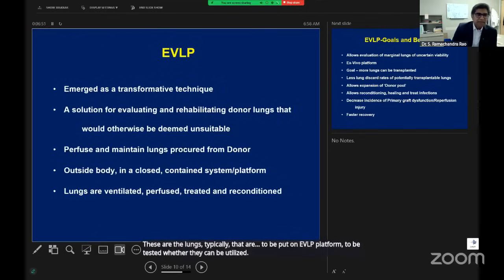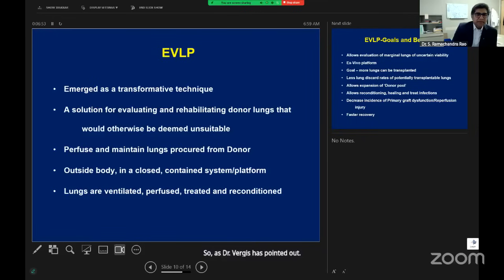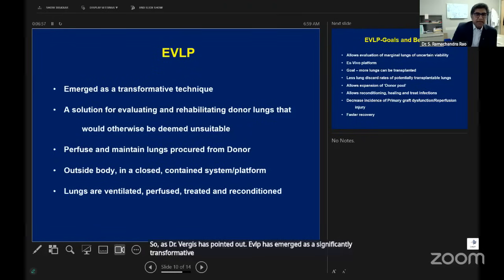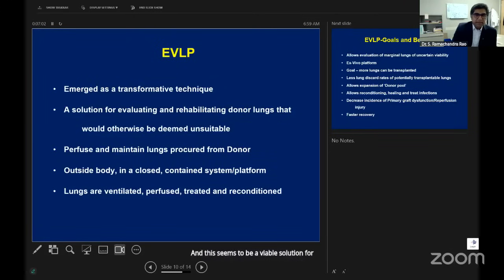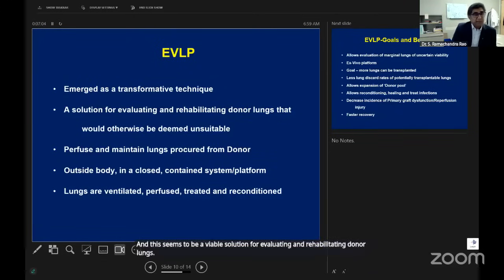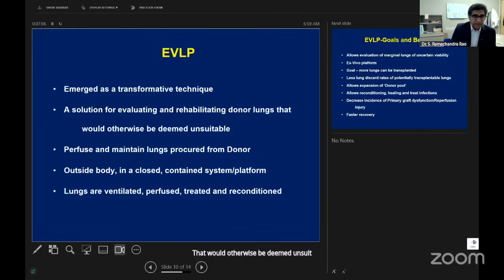So as Dr. Varghese has pointed out, EVLP has emerged as a significantly transformative technique. This seems to be a viable solution for evaluating and rehabilitating donor lungs that would otherwise be deemed unsuitable and discarded.